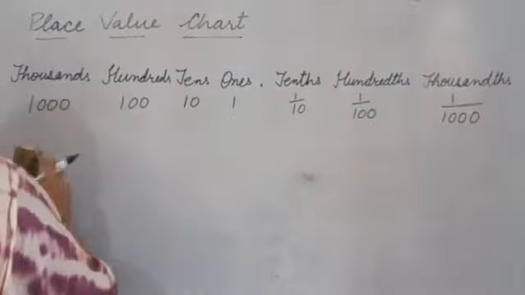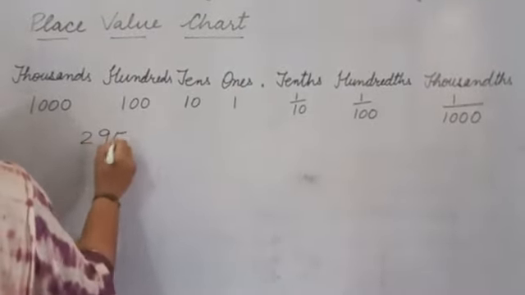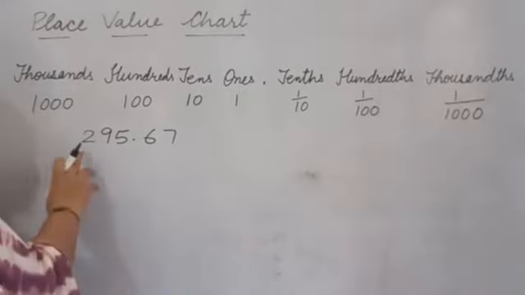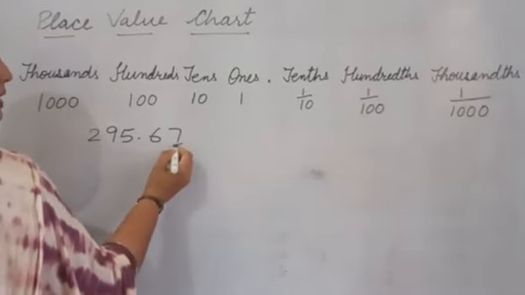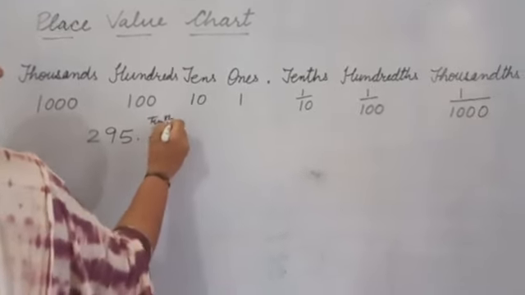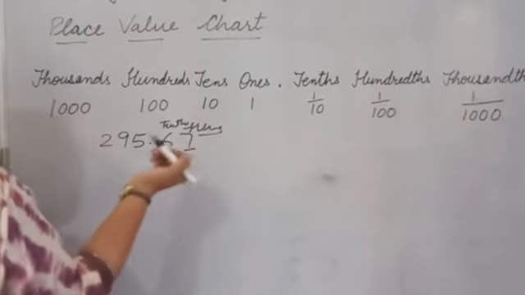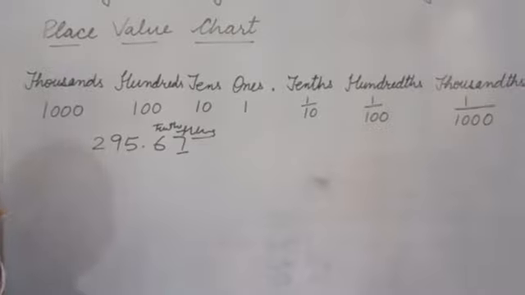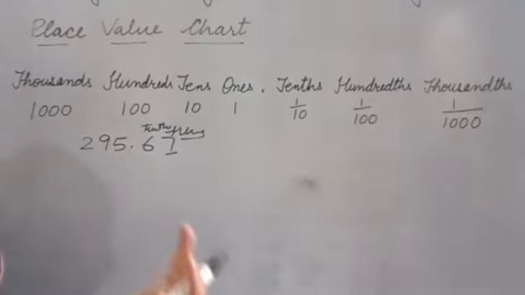If you have 295.67, what will you speak? 295 and 67. Now the last column is what? This is tenth, and this is hundredth, in "ths" form. So hundredth is this. So we will speak 67 hundredth. 295 and 67 hundredth.